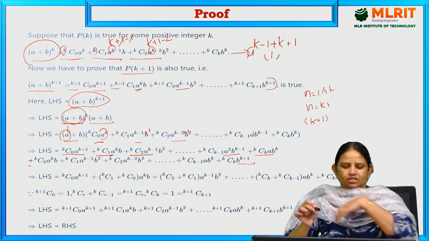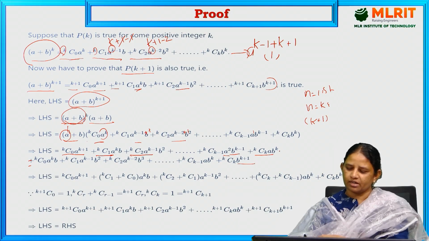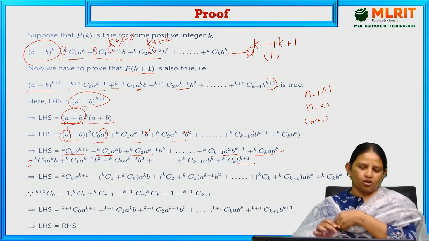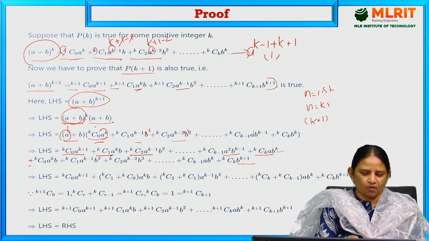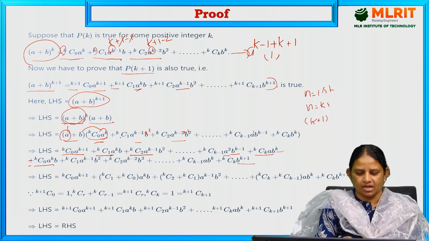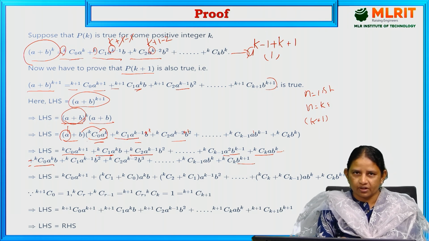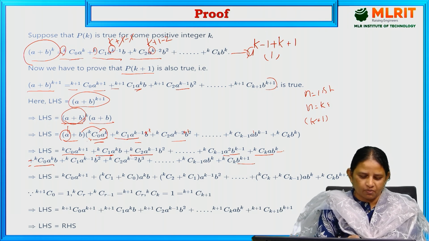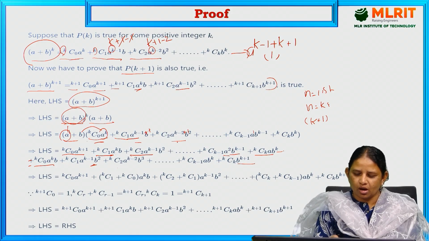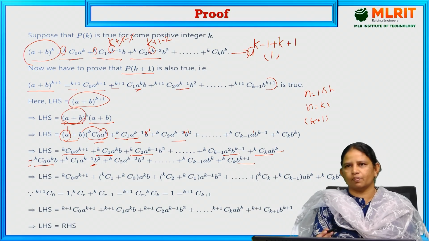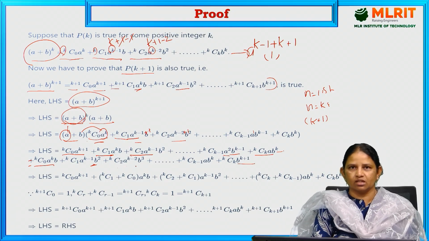So the first part is for a, the second part for b. So that is kc naught a to the power of k into b, that is the first term. kc1 a to the power of k minus 1, b power 1 into b power 1, that is b square. Then kc2 a to the power of k minus 2 into, already b square is there, b is to be multiplied, we will get b cube. The third term is b cube.